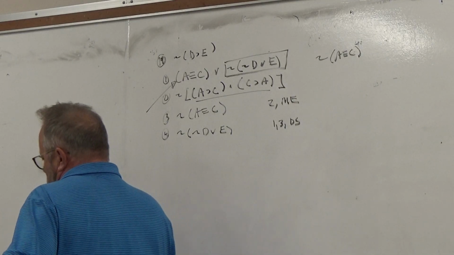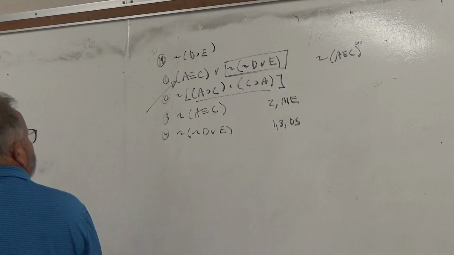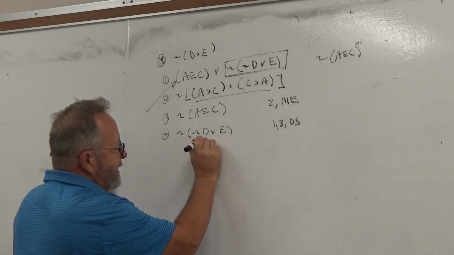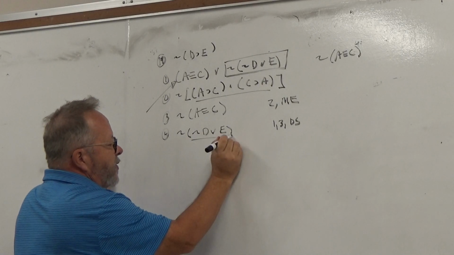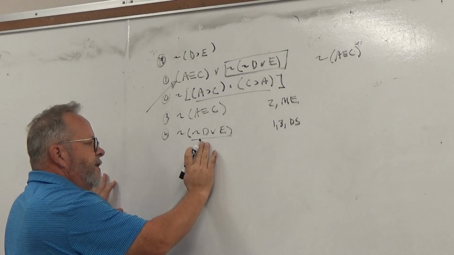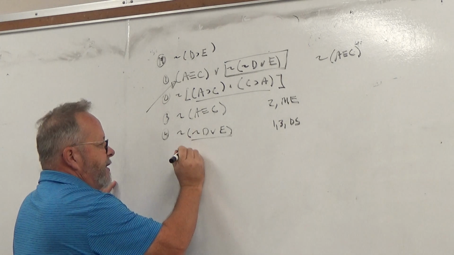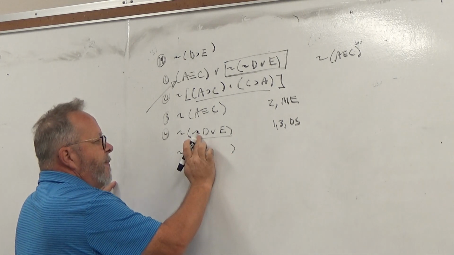Okay, so now I gotta see if I can really do what I said I could do. Well, the only difference is in here, okay? So I'm going to apply material implication to the inside of these parentheses. So let's keep everything else the same. What happens?